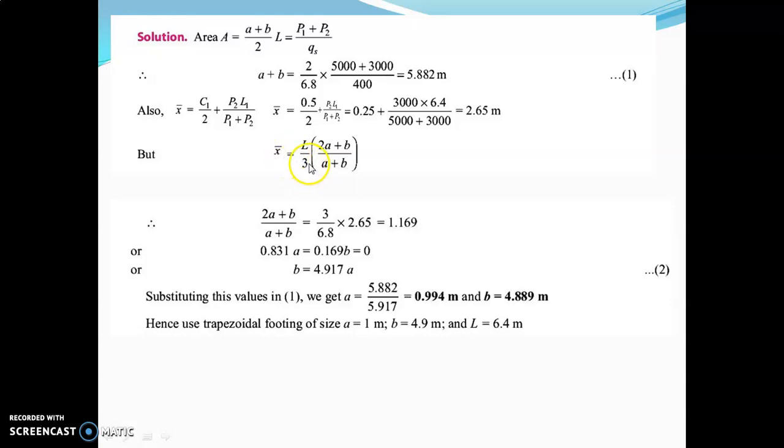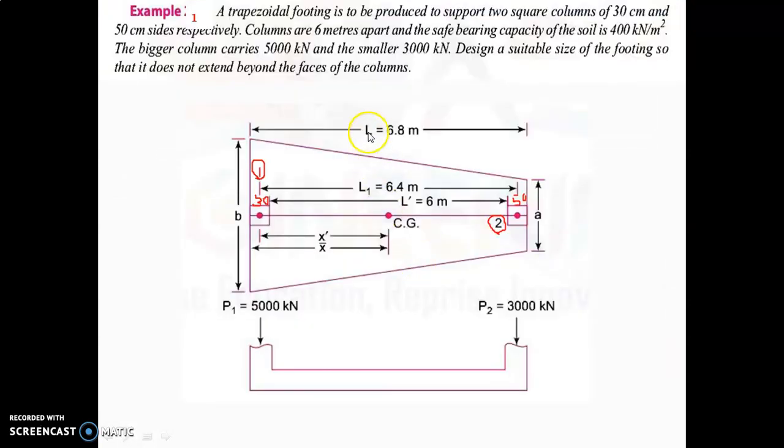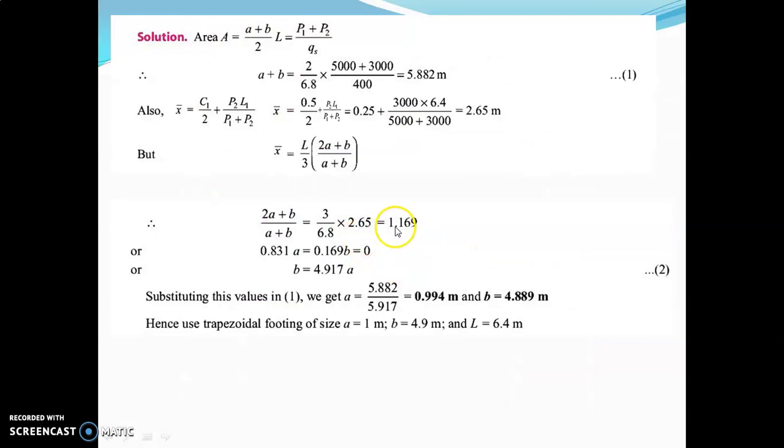You have to cross multiply: 3 into X bar, 2.65, divided by L. L is 6.8, right? When you simplify this term, you get 1.169.